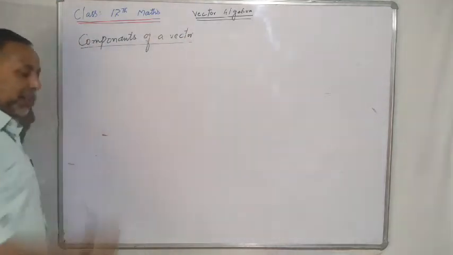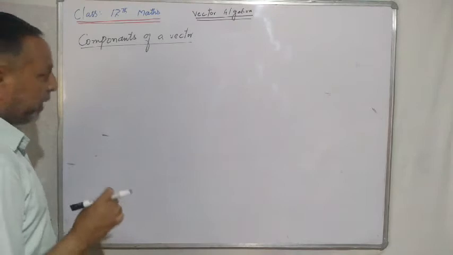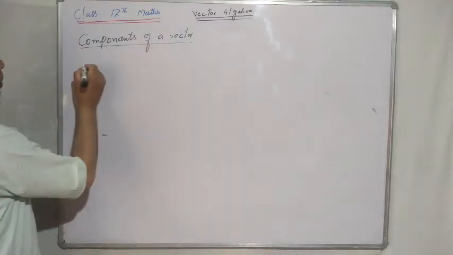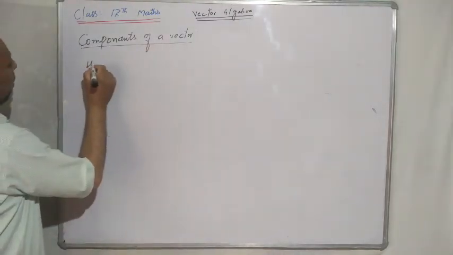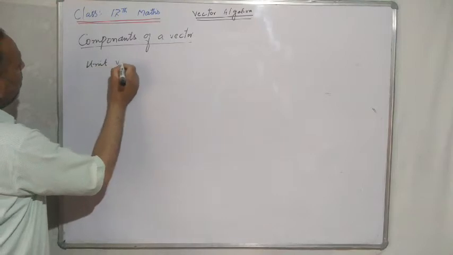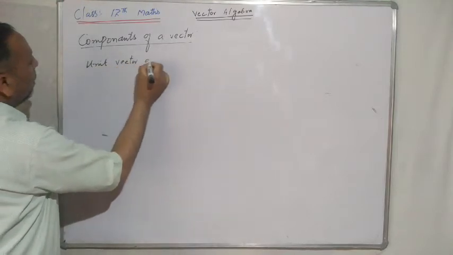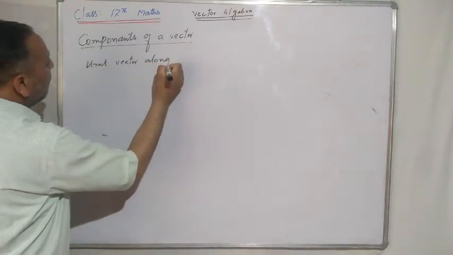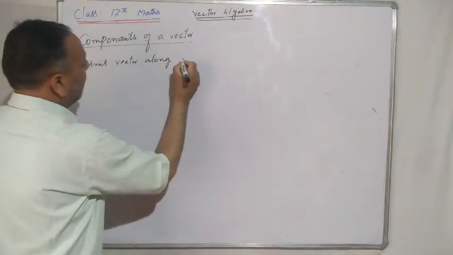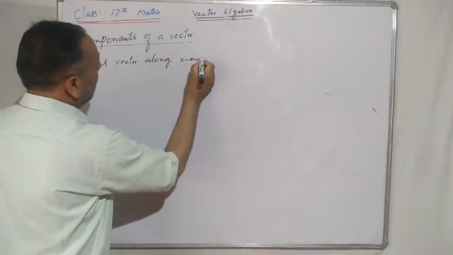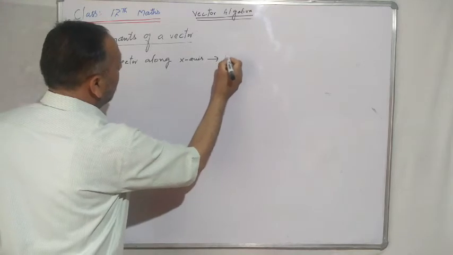Now, before discussing components of a vector, let me tell you, unit vector along x-axis is denoted by i cap.